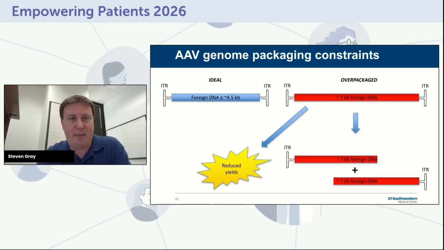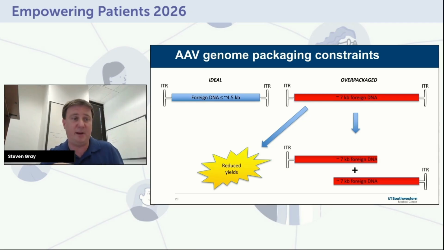Okay, and what happens if you try to go beyond that? There are approaches to try to package larger pieces of DNA, but what basically happens is you can design that, but then when you go to package and manufacture the AAV, it's just going to package fragments. You might have half of the DNA packaged in one virus and half of the DNA packaged in another virus.